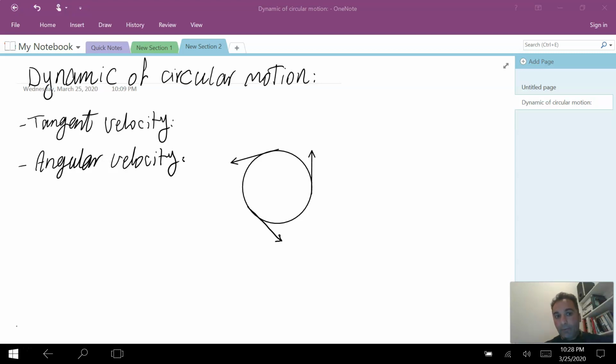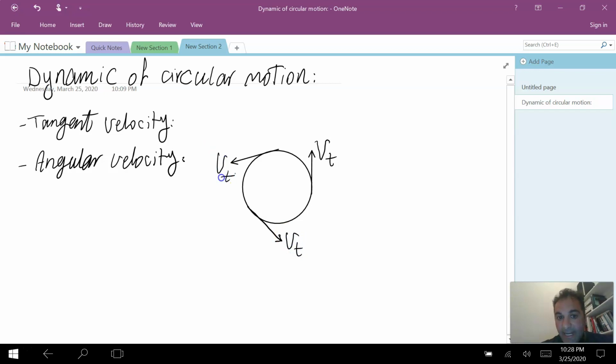In circular motion, one of the most important topics was tangent velocity. What is tangent velocity? As I explained, it's the velocity on the circle, and we showed it by vt, correct? Tangent velocity.